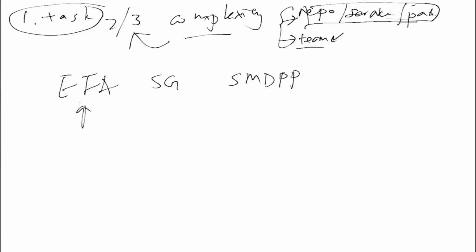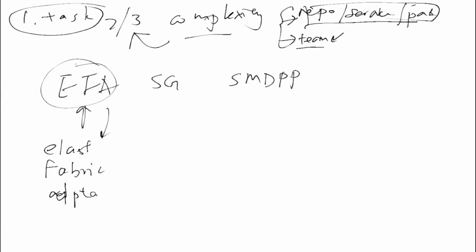EFA is, I think, Elastic Fabric Adapter. It's a hardware-level thing that, if you enable it, lets communication between your hosts happen faster. So that helps distributed training.